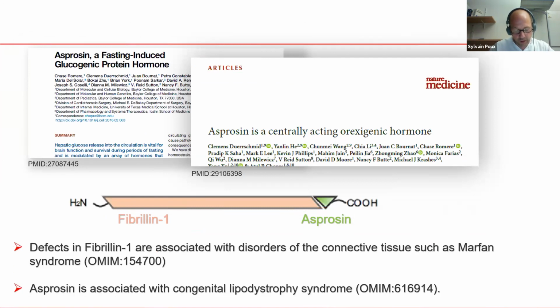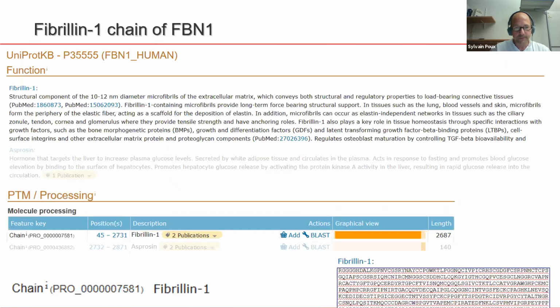Interestingly, fibrillin-1 and asprosin are associated with distinct genetic diseases. Defects in fibrillin-1 are associated with disorders of the connective tissues, such as Marfan syndrome, while asprosin is associated with congenital lipodystrophy syndrome. We use the fibrillin chain identifier to specify that this chain is a structural component of the extracellular matrix.